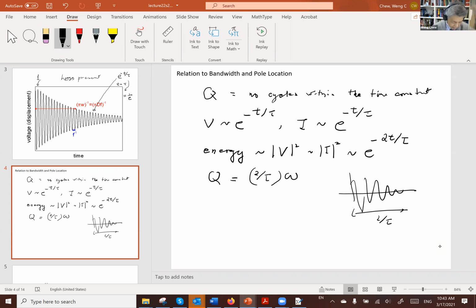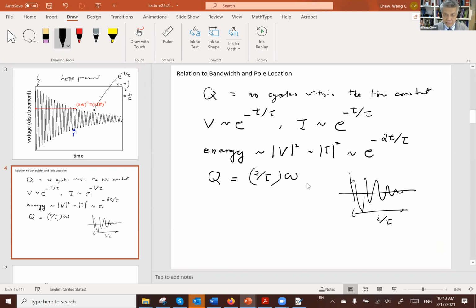And if we count the number of cycles within this interval, that is the Q of the system, which means that if tau is very large, it takes a long time for the signal to decay to 1 over e of its original value. Then there will be many, many cycles before you see that it decays to 1 over e.